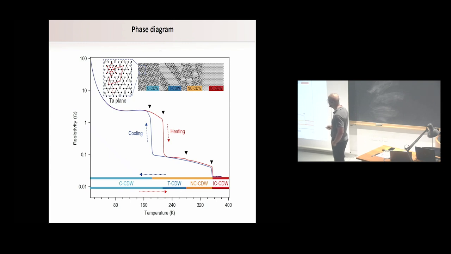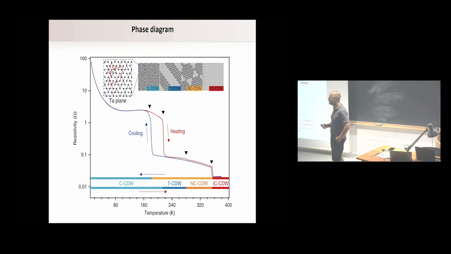If you cool down below 180, you enter the commensurate phase. When you heat up, you see the big hysteresis at roughly 220. You enter this stripe phase that is slightly different from the nearly commensurate one. And then only after, at how much is it, 260 probably, you are back into the nearly commensurate phase.